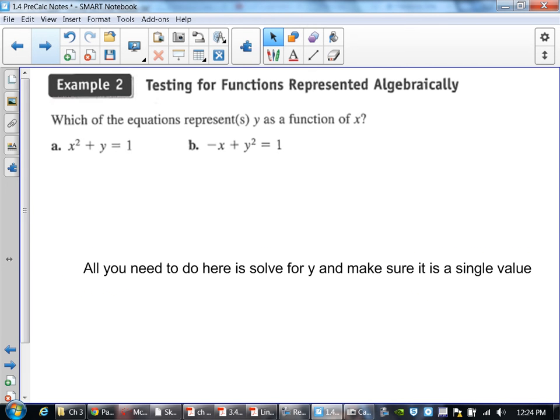Anytime you have to check something algebraically to see if it is a function, all you have to do is solve the equation they give you, get y by itself. As long as it's a single value of y, you're good to go. And I'll show you what that means. If I take that first equation, x squared plus y equals 1, how do I get y by itself? Good, subtract x squared.